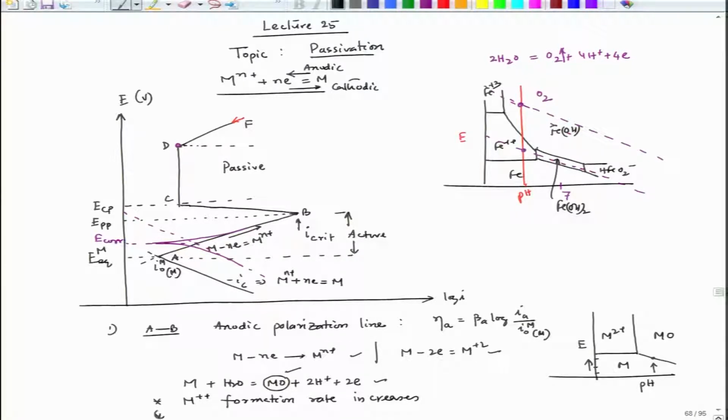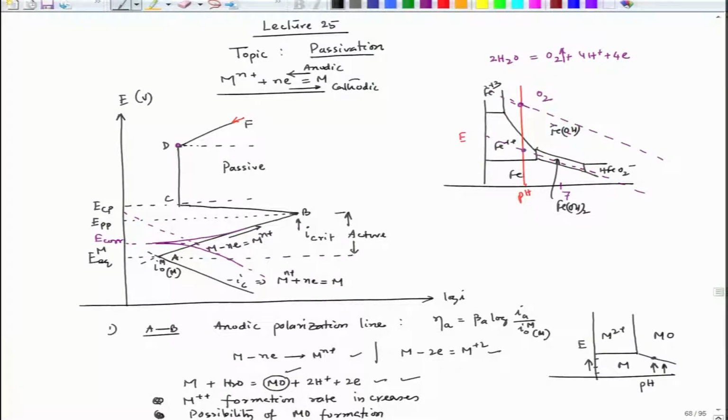Now, second part, since we are going towards the positive side, I am also having a situation of having this particular reaction. When this reaction happens, there is a possibility of metal oxide formation.